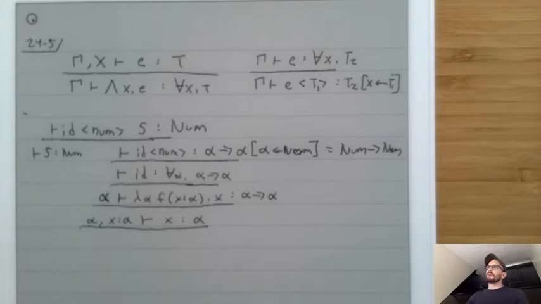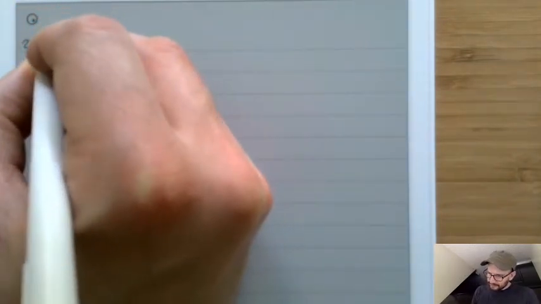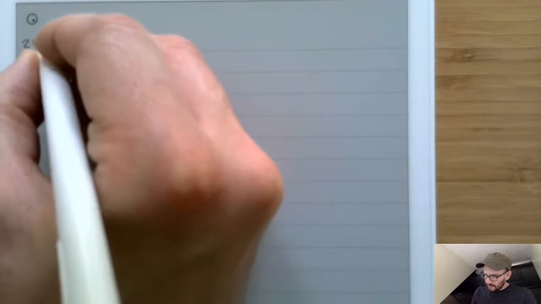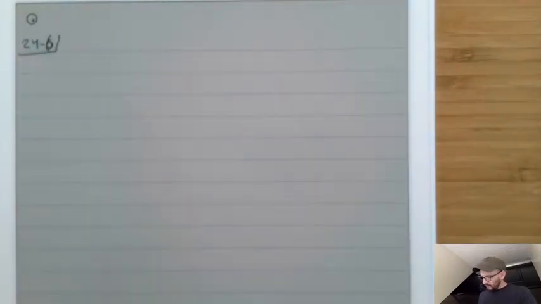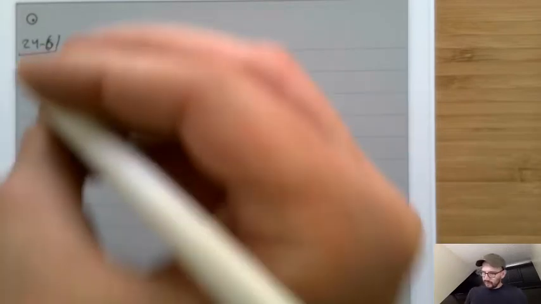All right. Now, one thing that I neglected to talk about is what these things mean at runtime. What does it mean to actually do this? So, for example, what is the rule?